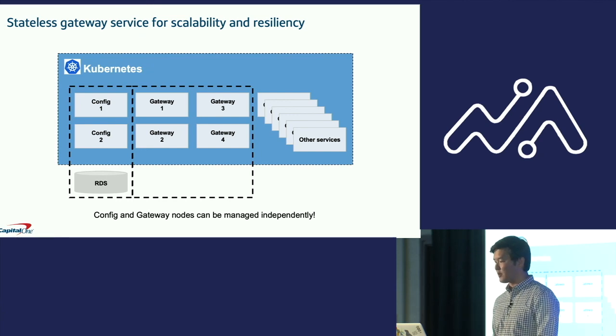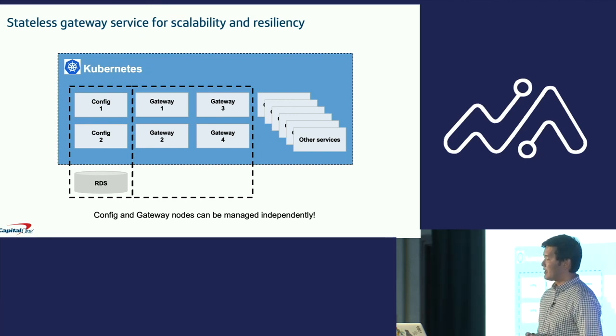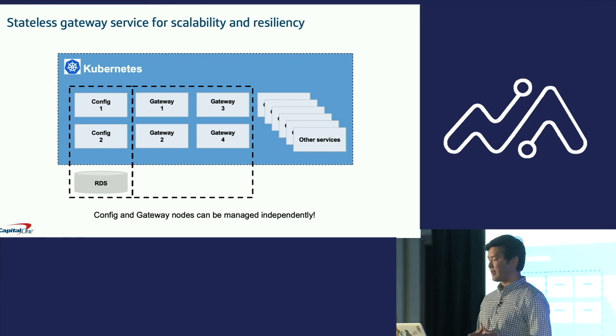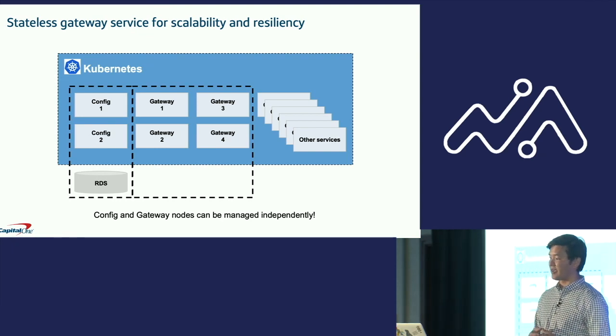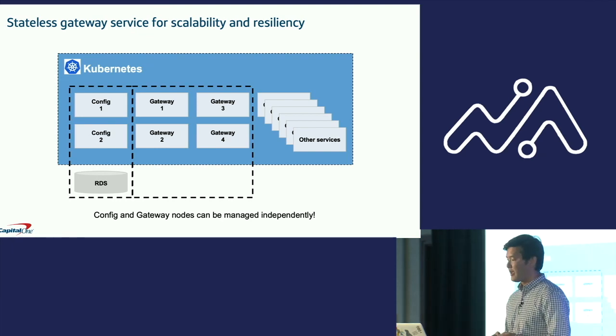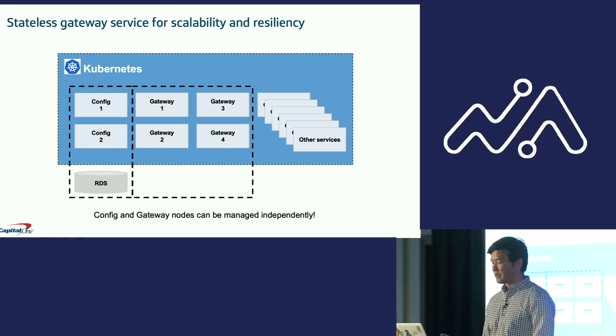Lastly, from an infrastructure point of view, the most important thing is to design something that is scalable and also resilient. To do this, we chose to extract the component that houses the configurations as its own microservice.